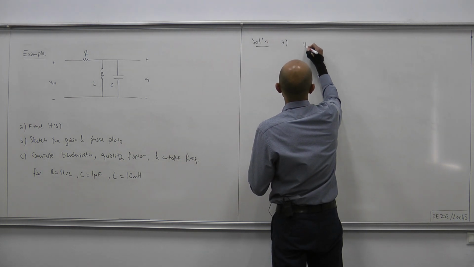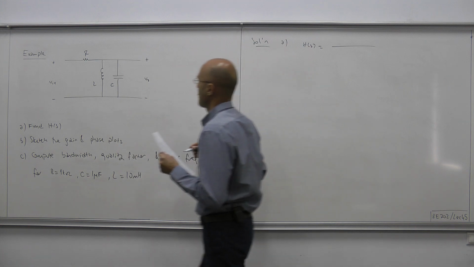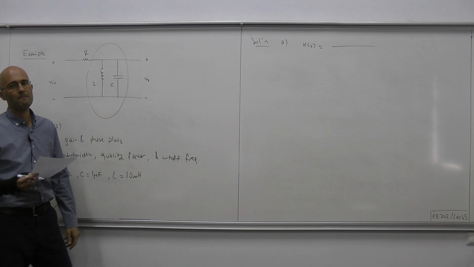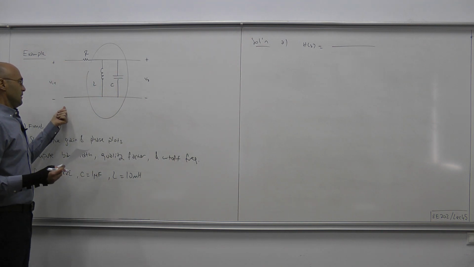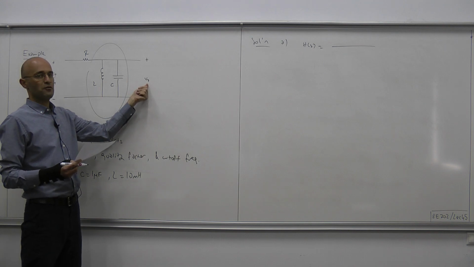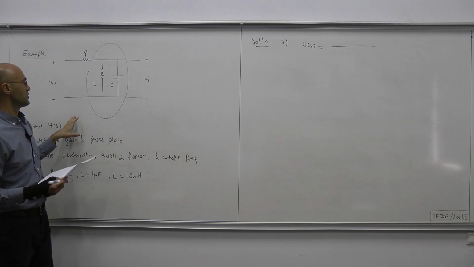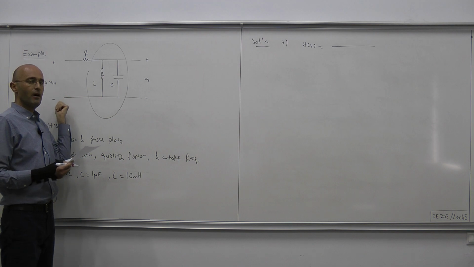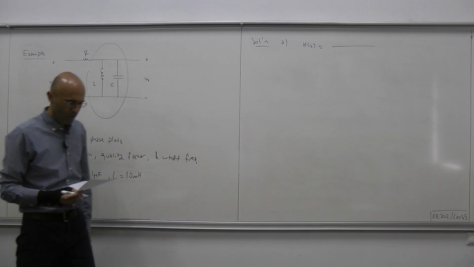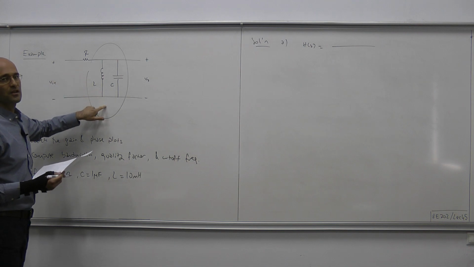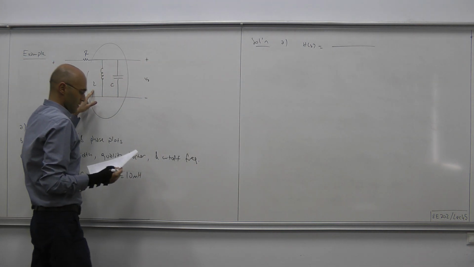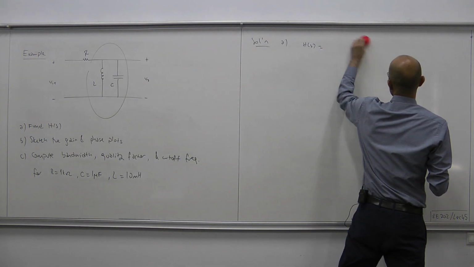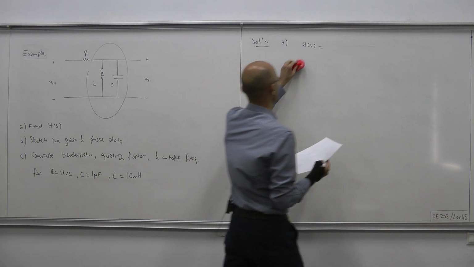So H(s) equals... Let's call the equivalent impedance of this parallel connection Z. Then the transfer function can easily be computed through voltage division, which is Z over the overall impedance, or the input impedance seen by the left port, which is R plus Z. Now Z is sL and 1 over sC, those impedances connected in parallel.